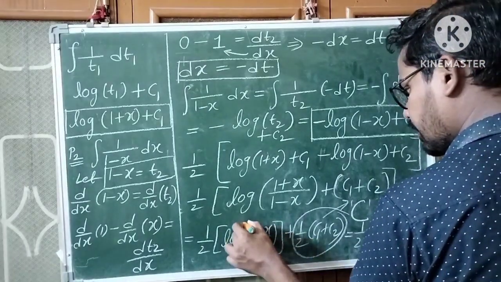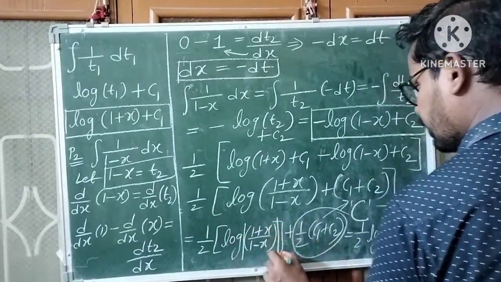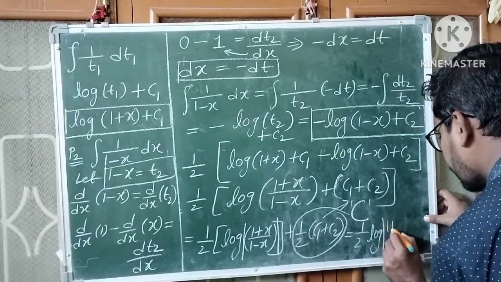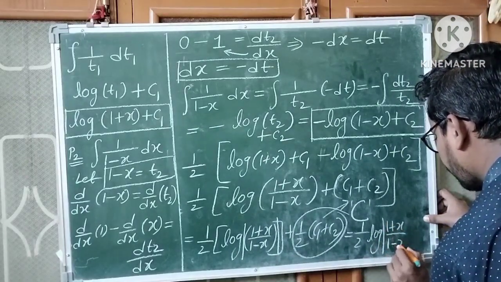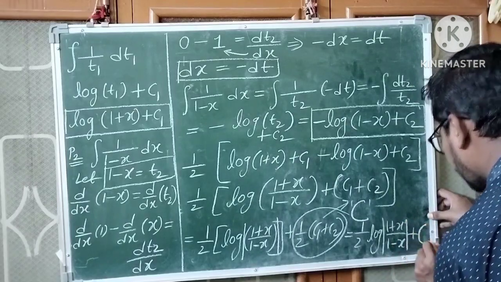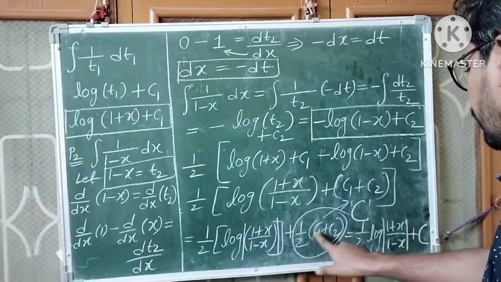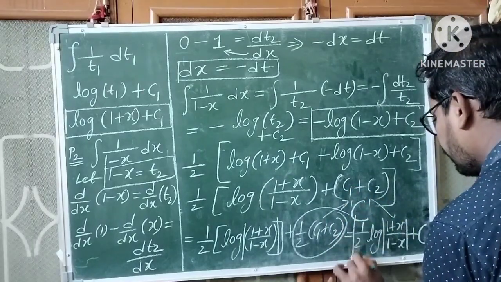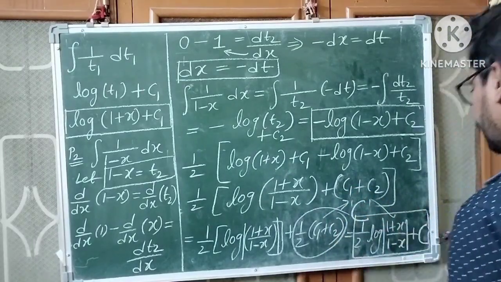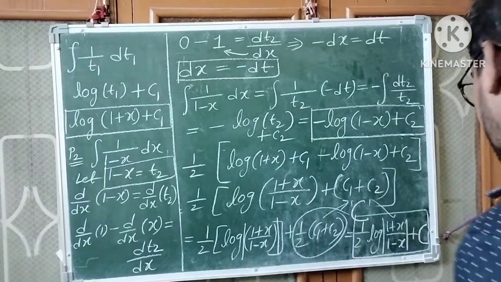We know that logarithm of negative expressions is not defined, so keep modulus: log modulus of 1 plus x by 1 minus x plus capital C, where capital C is equal to half of c1 plus c2. Therefore this is the formula for integral of 1 by 1 minus x square dx.